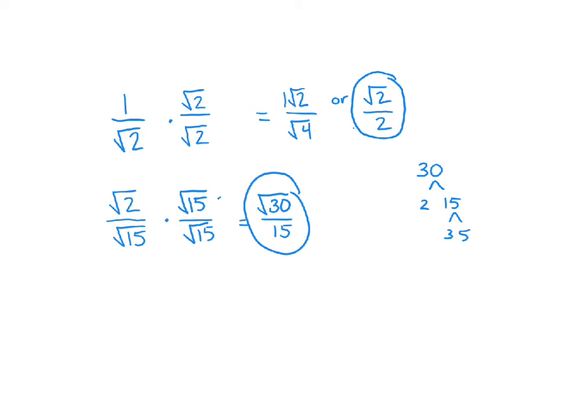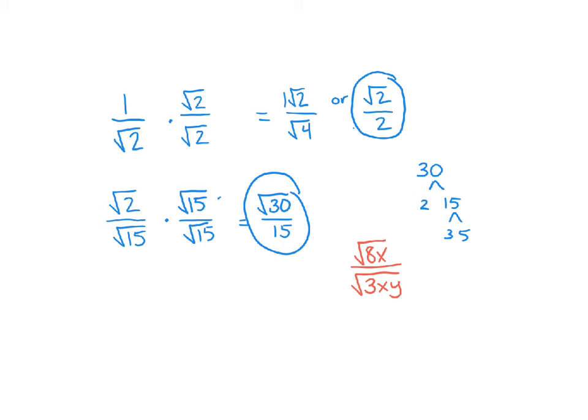So let's try one more with a variable in it. I'm going to go red on this one. So what if I had the square root of 8x over the square root of 3xy. All right.